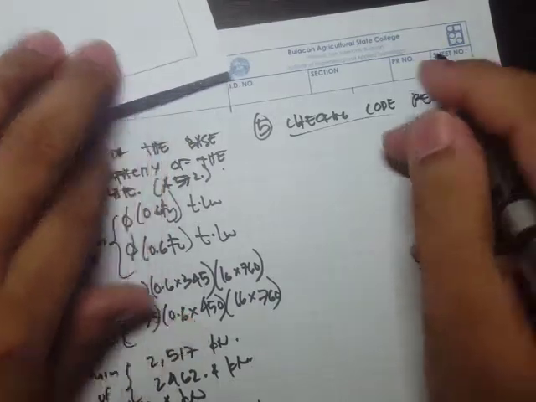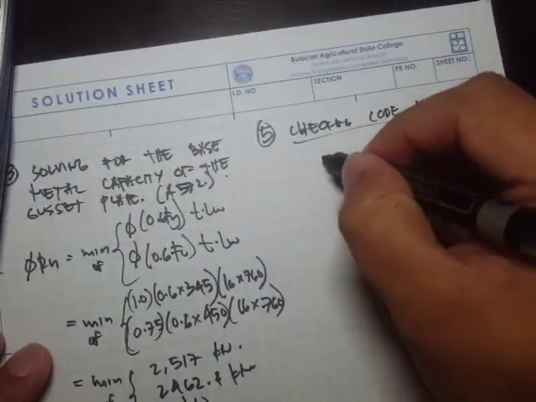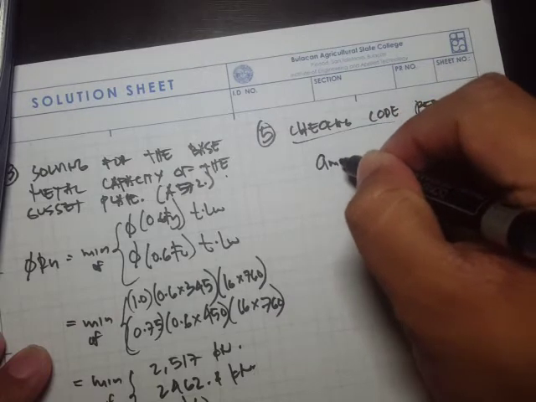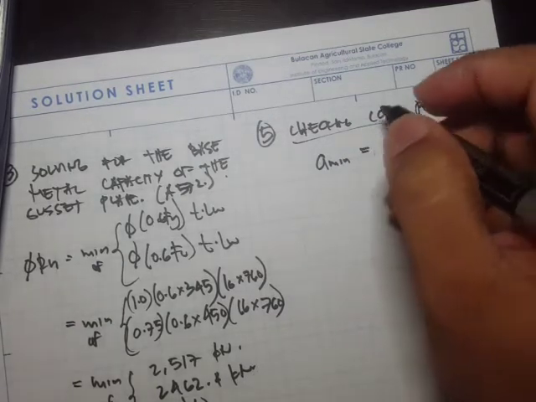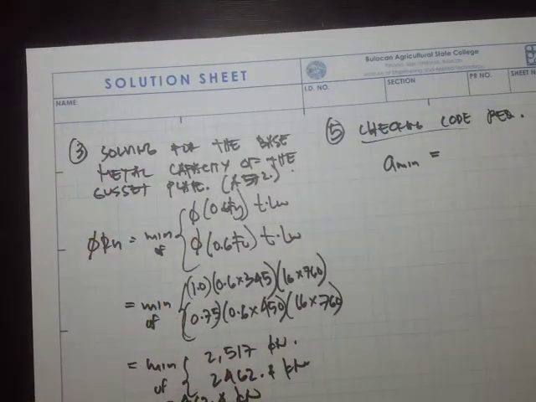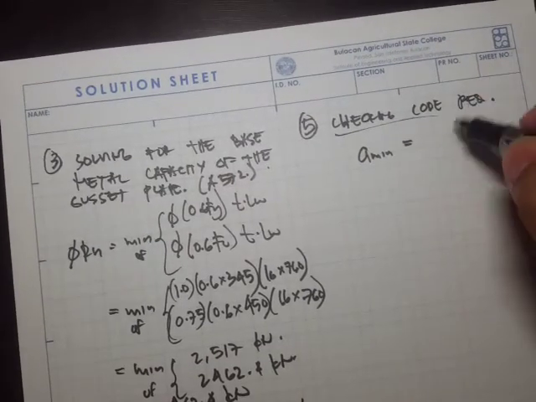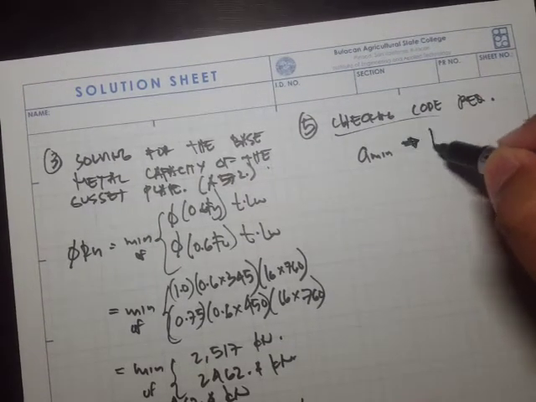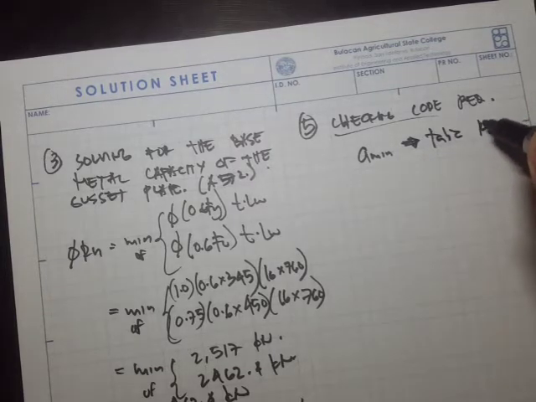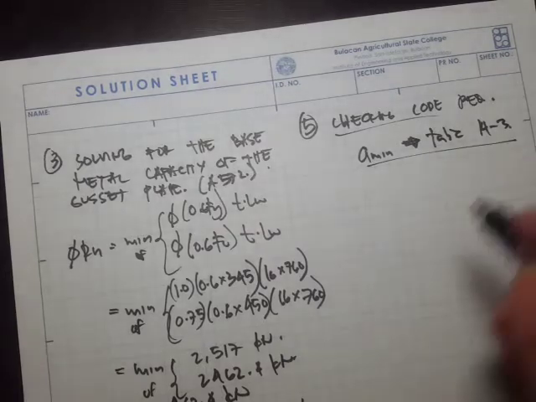Okay, so for the code requirements, we'll check first our A min. So A min is equal to, in our lecture handouts, that's table 14-3.